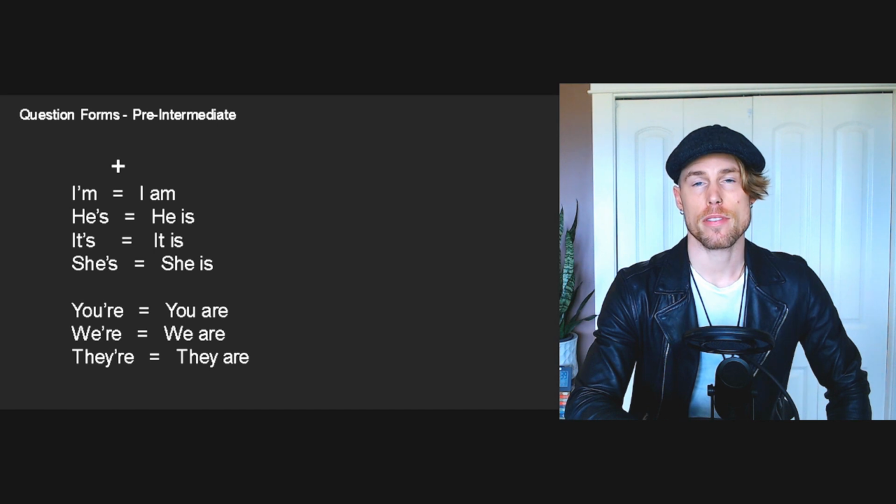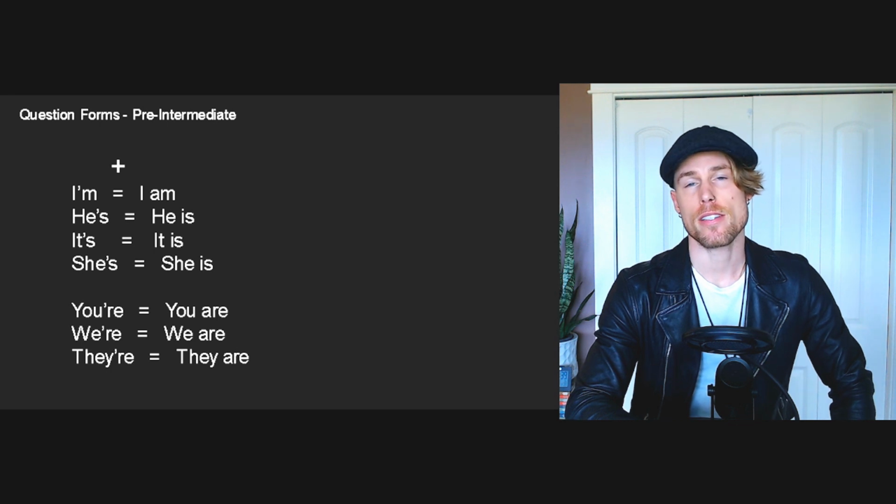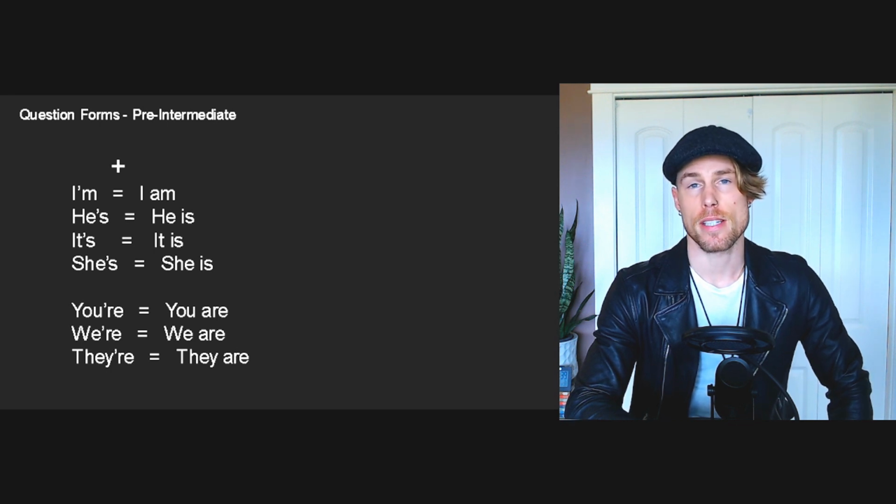On the left, these are called contractions. I'm, he's, it's, she's, you're, we're, they're. These are contractions. It's a faster way to say the subject and the verb. I can say, I am Canadian, or I can say, I'm Canadian. It's the same.